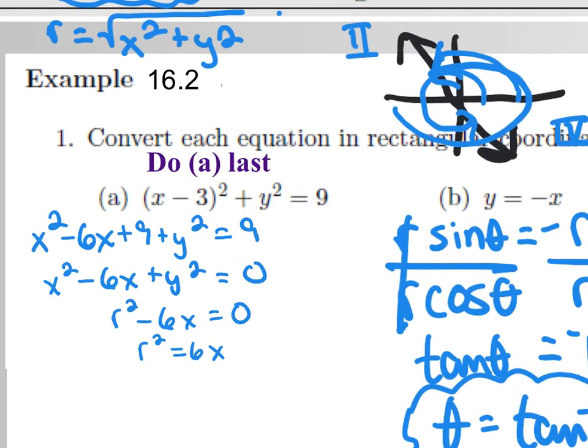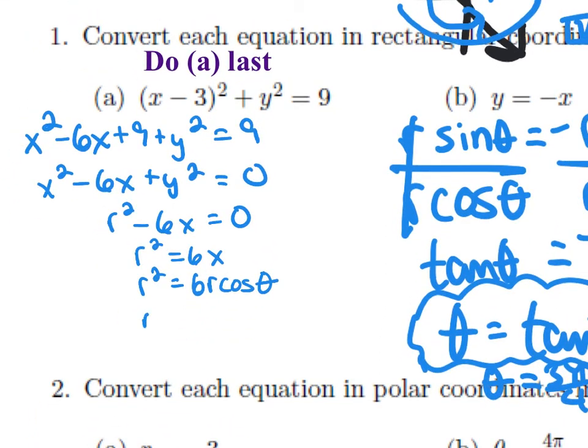because I'm going to use the x. x is r cosine theta. So I'm going to say that that's 6r cosine theta. Swap out for the x. I'm going to divide by r. So r equals 6 cosine theta. And I'm done. Now let's go back. This is an equation of a circle that goes to the right.